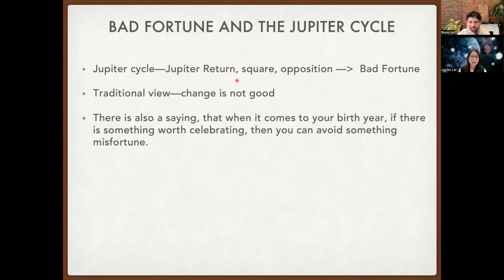In Western astrology, this is your Jupiter return, but in Chinese astrology, you are offending the commander, the virtual god. Then if you are in square or opposition with the dragon, like you are in the year of the dog, then you have bad fortune. So can we use this concept in the Western way?